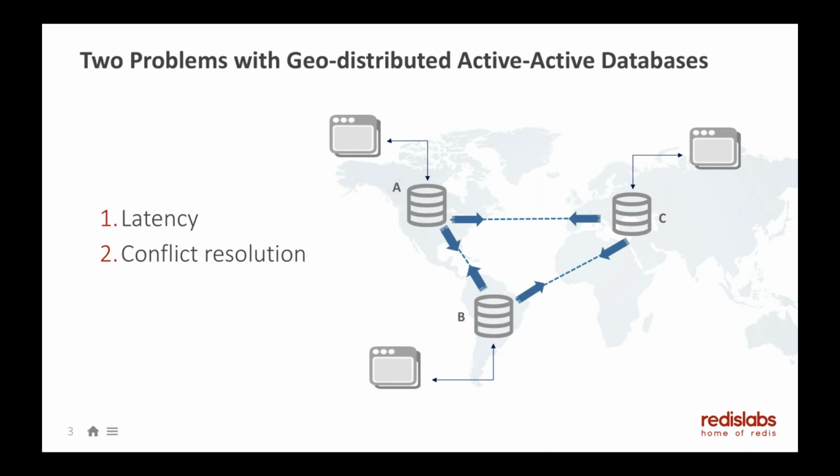In a geo-distributed world, they want to avoid the round-trip latency and have local latency. So they deploy their app very close to the database and avoid all the network latencies in between. However, we will see in the next slide that latency is still a problem with many active-active databases out there in the world.